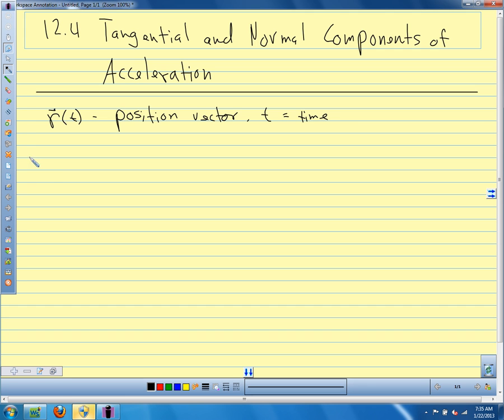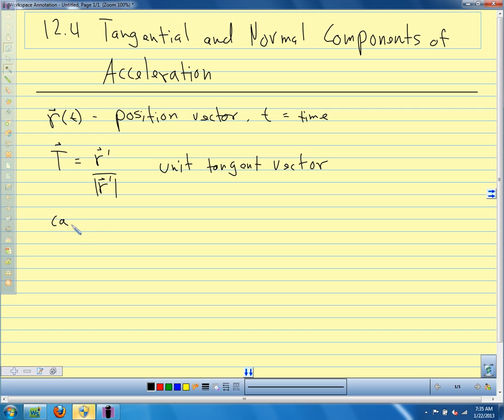So we said, when we talked about our unit tangent vector, we said that T is r prime, and I'm going to drop the t notation here, over r, over the magnitude of r prime. This was our unit tangent vector. And we're going to call V the velocity vector.